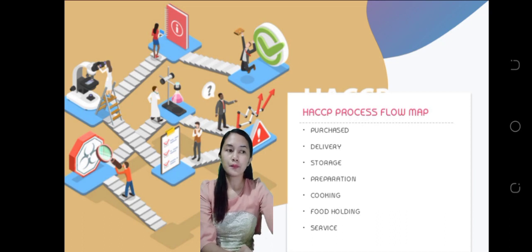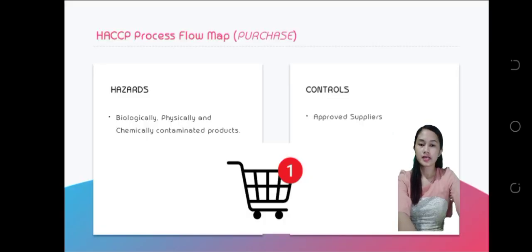So, HACCP has a process flow map. There are 7 steps, and these are purchase, delivery, storage, preparation, cooking, food holding, and service. In the purchase process, the hazards are biologically, physically, and chemically contaminated products.